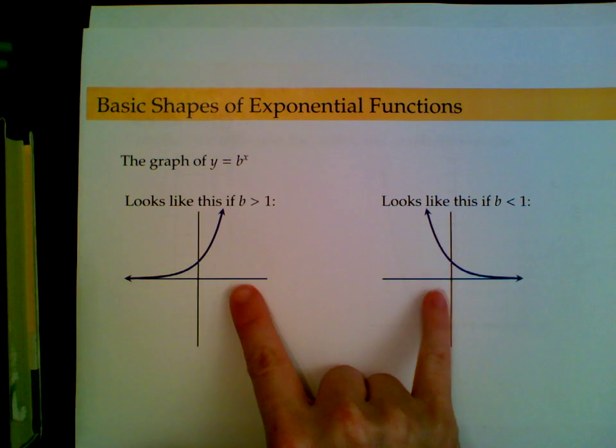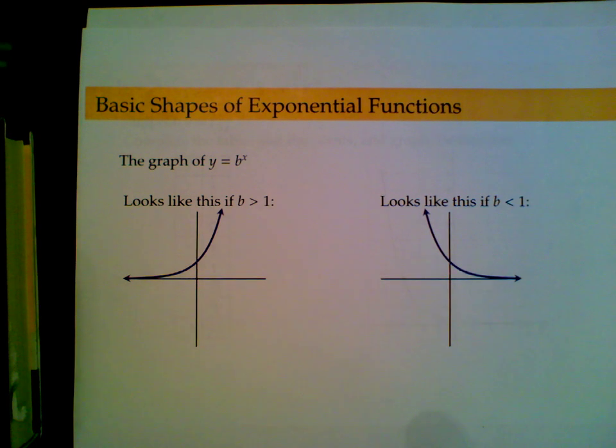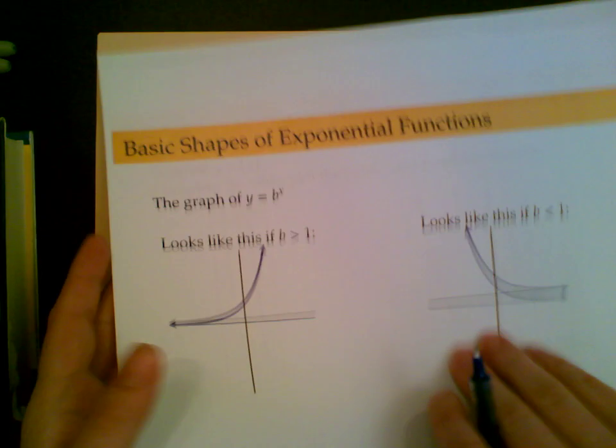Knowing what the basic shape is, and also knowing those facts about function transformations, the same old function transformations from forever, you can sketch a pretty decent graph of any exponential function.